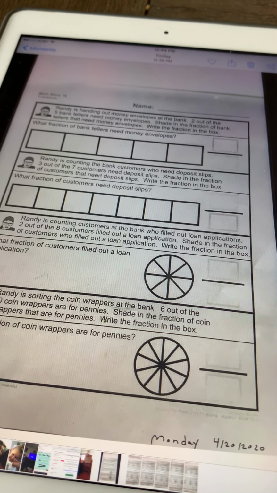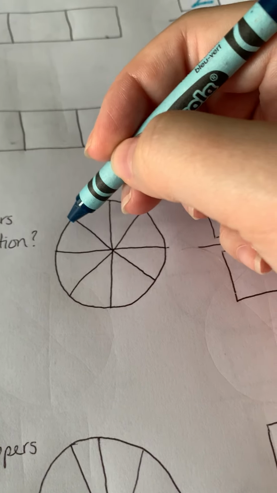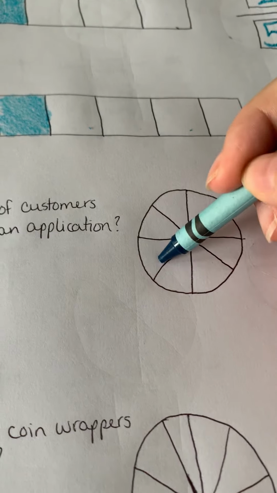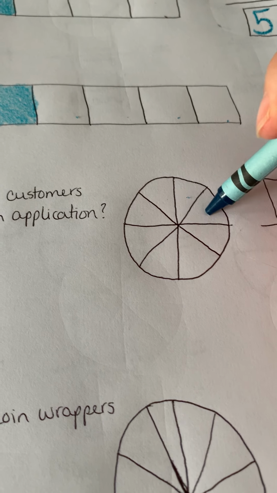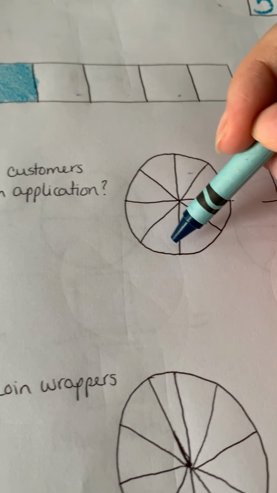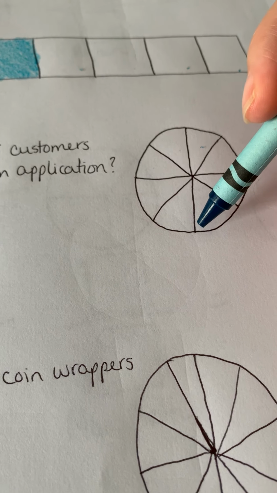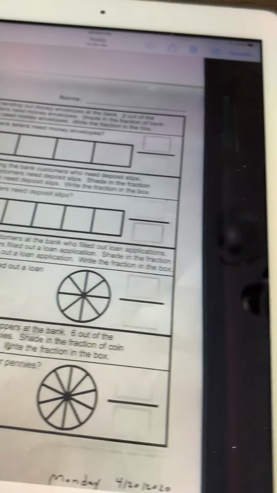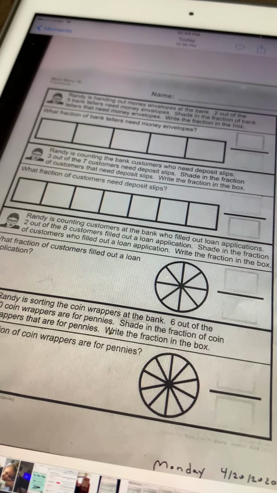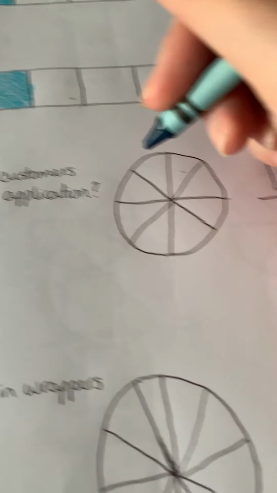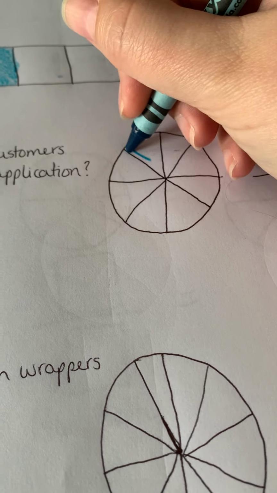So we have a total of 8 customers. So let's make sure we have 8 pie slices. 1, 2, 3, 4, 5, 6, 7, 8. And how many customers filled out a loan application? There were 2. So we are going to shade in 2 pie slices.